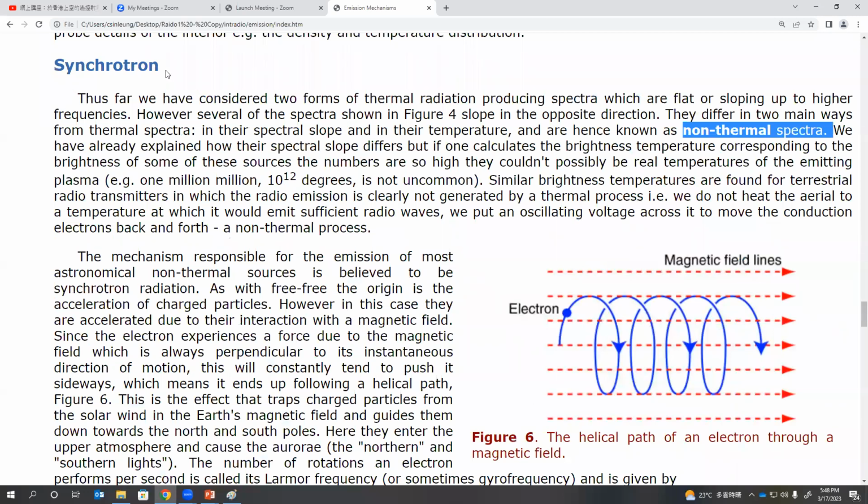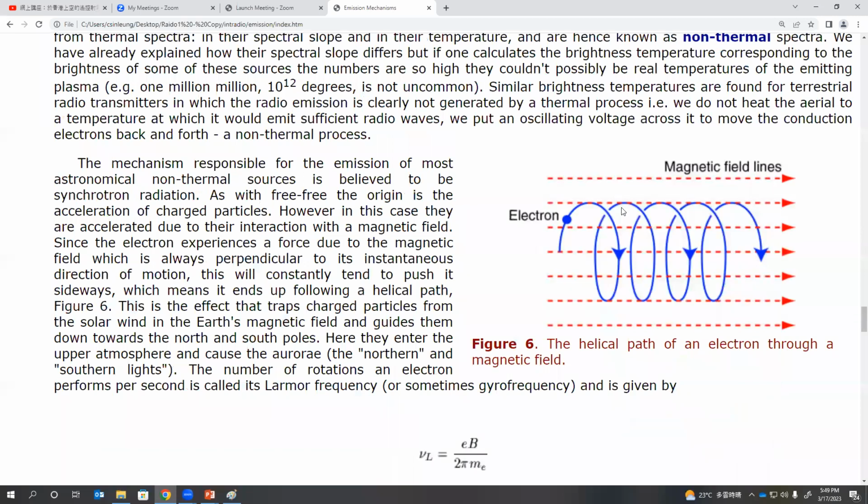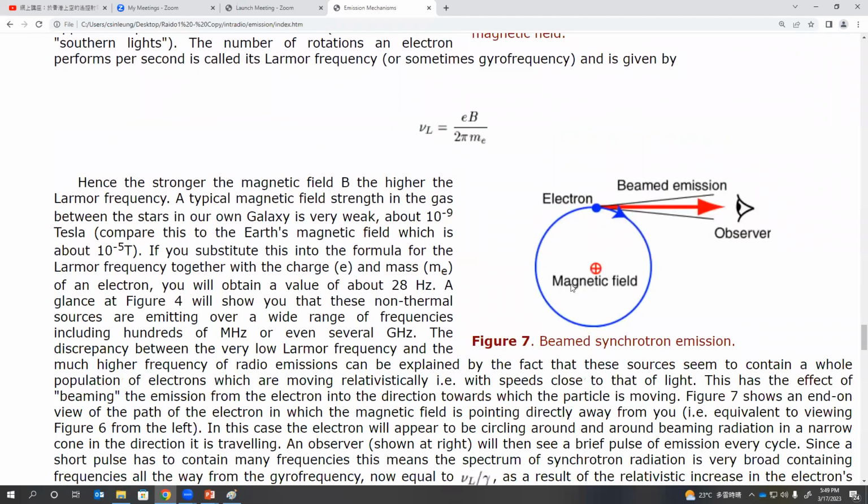For example, synchrotron radiation. What does it mean? We simply introduce it. If we have some magnetic field lines, and an electron rotating like this in a helical path, and you look from the head-on direction, you will get this result.